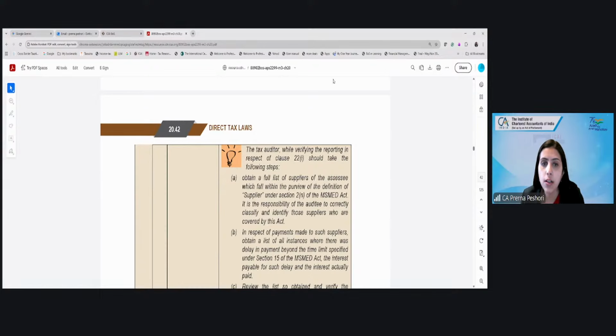Yes, what is the requirement for tax audit? What are the limits? Very quick recap. Yes, very good, Sanjay. What are the limits for the tax audit for businesses, for profession? Can you give a recap of that?